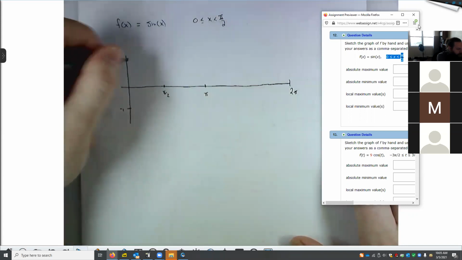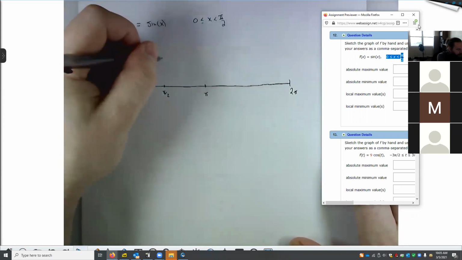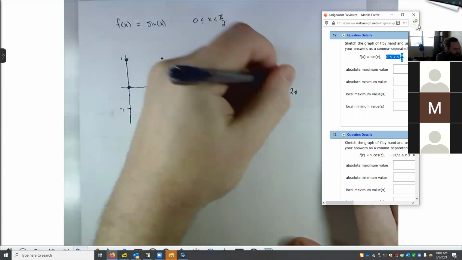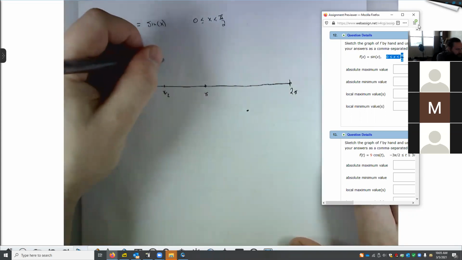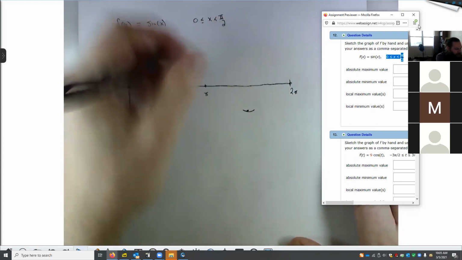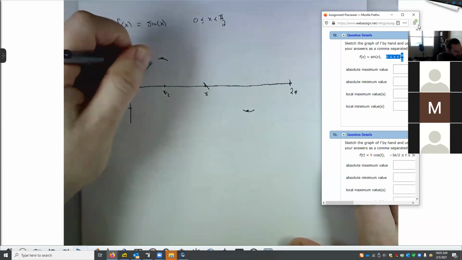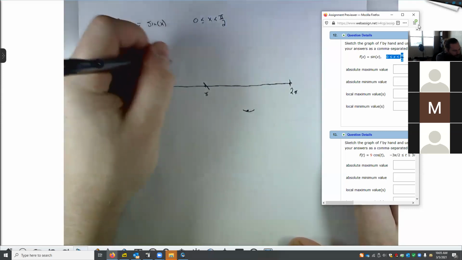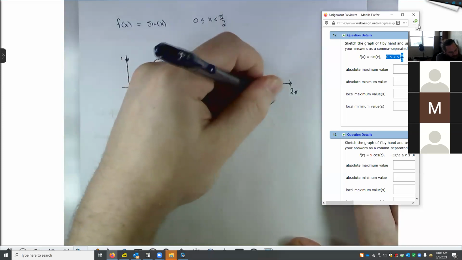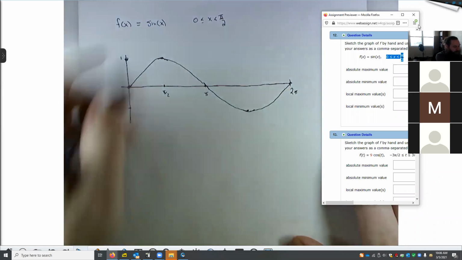We know this guy starts at 0, oh, sorry, that's cosine. So the sine function looks like this, and if we weren't restricting the domain, you would be 100% right to say that there's a local and absolute max here.